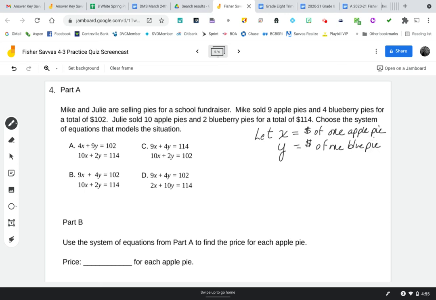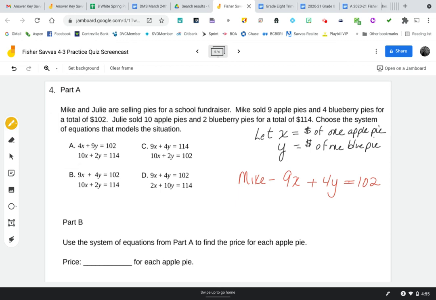All right, so if x is the cost of an apple pie and y is the cost of a blueberry pie, my equations would be 9 apple pies. So 9 times the cost of an apple pie, this is for Mike, plus 4 times the cost of a blueberry pie is going to be $102.